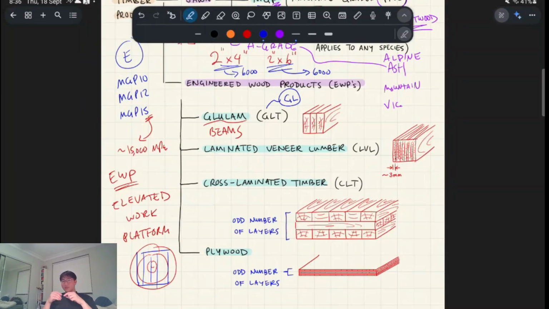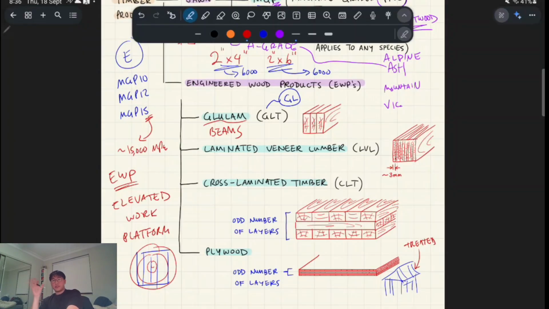Residential timber buildings are your stick framing kind of homes. You see it everywhere, but I think it really started in America. You use a series of sawn timber members, and usually these are treated pine.